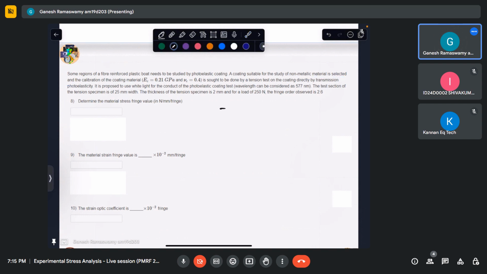Essentially, as we discussed earlier, the manufacturer has not given K, so we will try to do it ourselves using transmission photoelasticity. It is proposed to use white light to conduct the photoelastic coating test. The wavelength of the light considered is 577 nanometers.